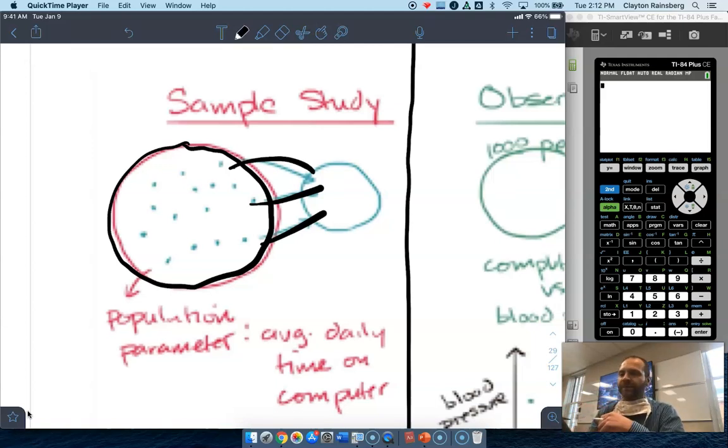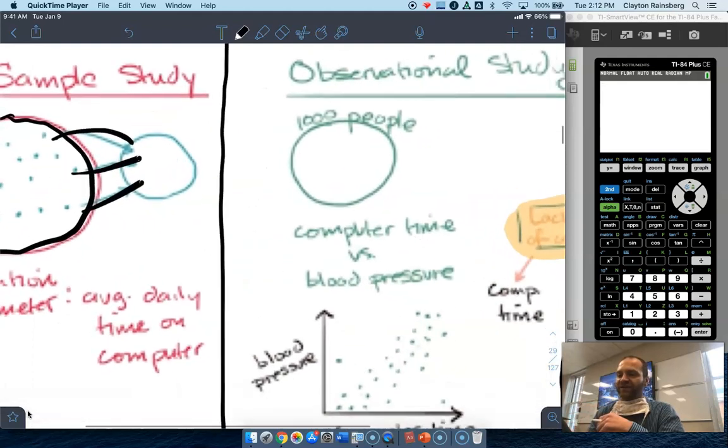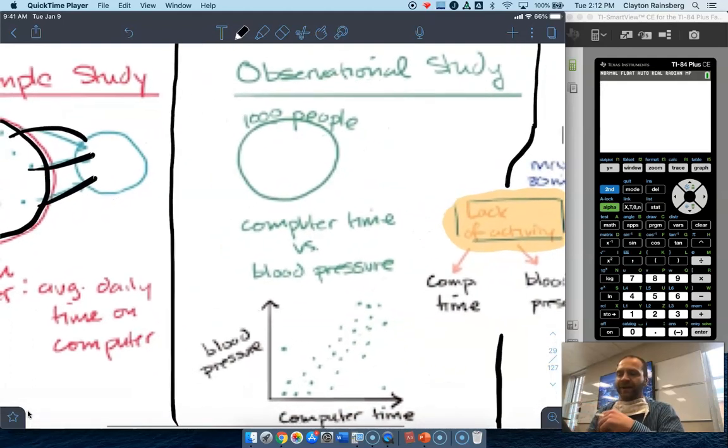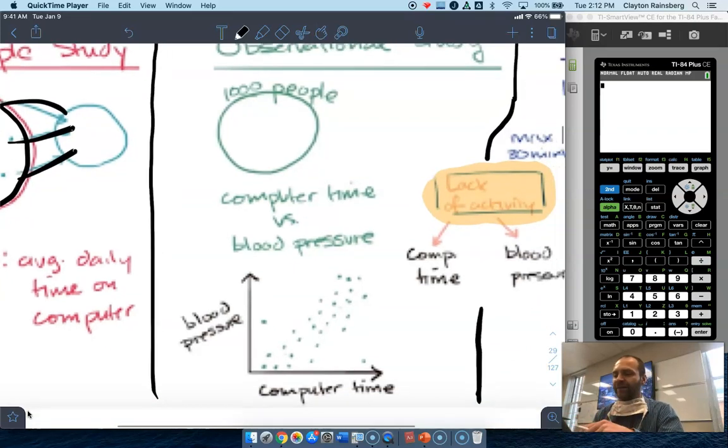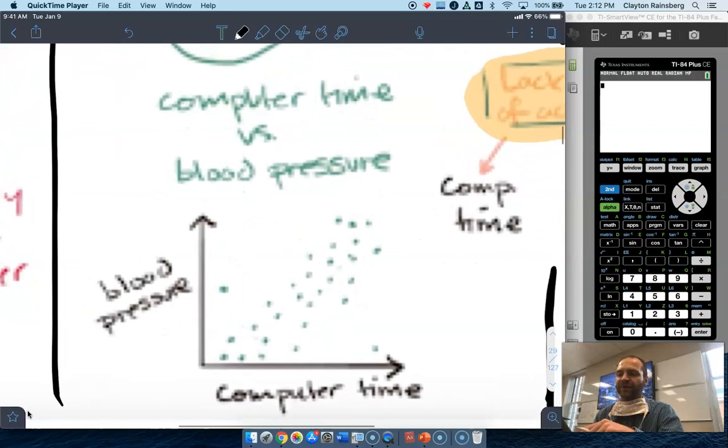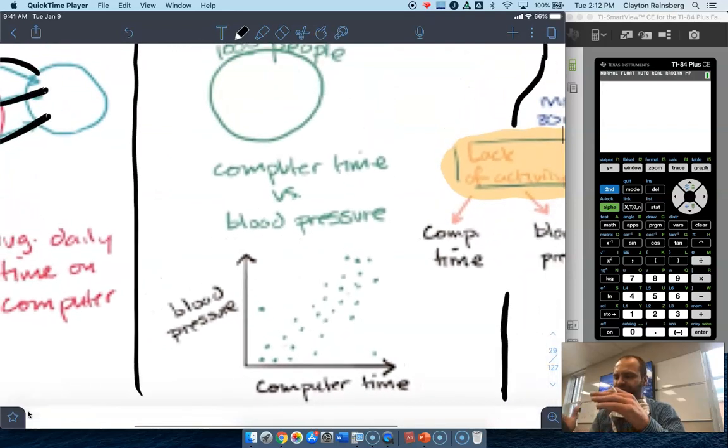That was 4.1. An observational study was what we did in a way in chapter 3. We looked at how a response variable relates to an explanatory variable. So let's do the same idea. Let's say I have 1,000 people and I collect data on them. And I plot how much time they spend on the computer, and I apologize for the blurriness, and what was their blood pressure.